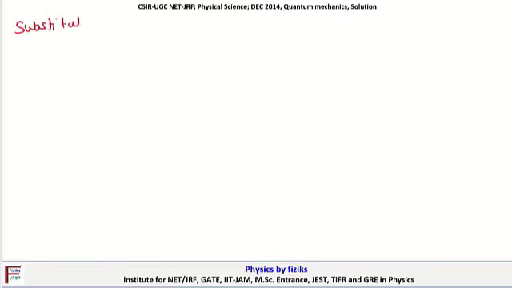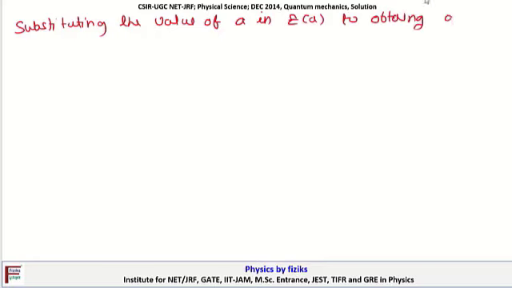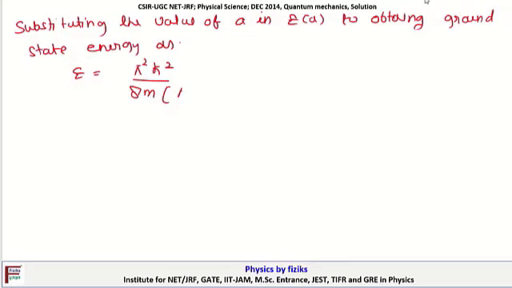Substituting the value of A in E(A) to obtain the ground state energy, E would be pi square h square by 8m into (4mb by pi square h square) square minus b by (pi square h square by 4mb).